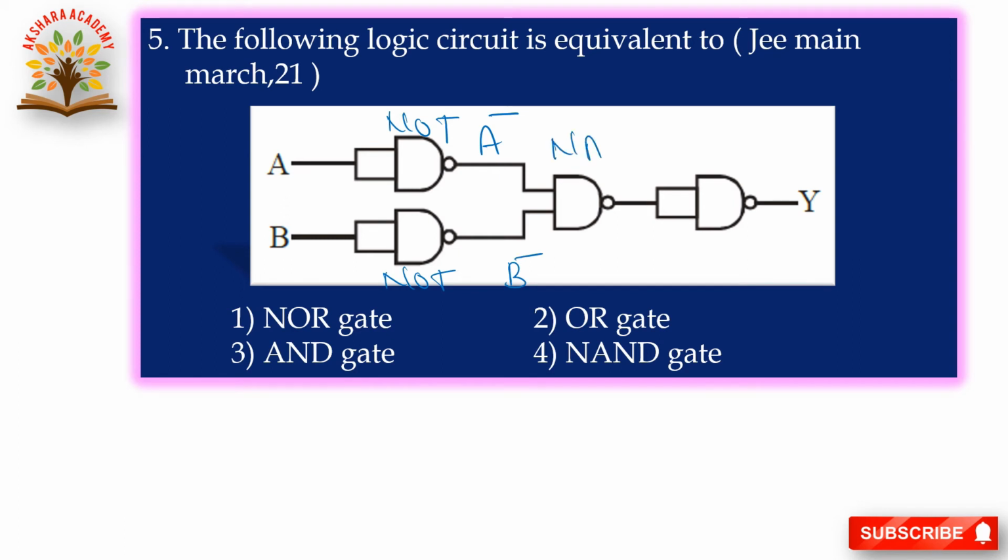Here it is NAND gate. So this is A bar dot B bar whole bar. Here it is NOT, that is equal to A plus B bar. So that is equal to A plus B. So the output of NAND gate gives OR gate.